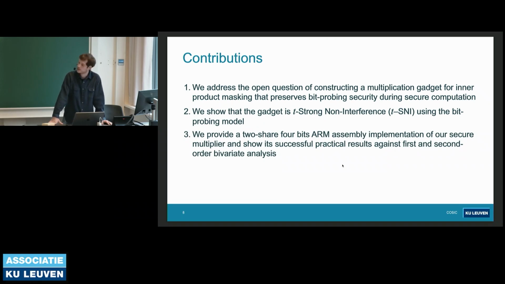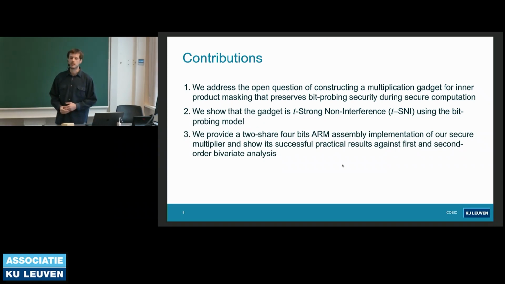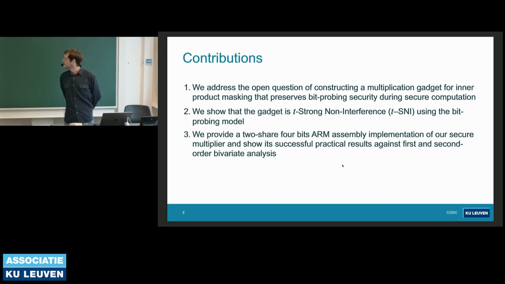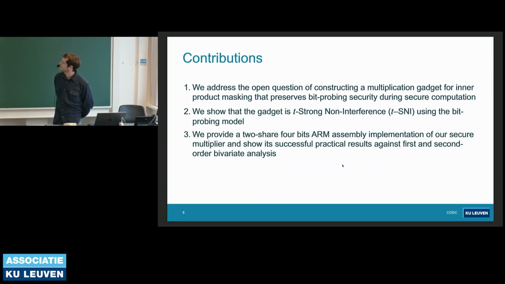This means that we ensure some composability properties on our gadget. Finally, we go from theory to practice, and we provide a 2-share 4-bit ARM assembly implementation of our secure multiplication gadget, and we show that it successfully passed first and second order bivariate analysis.